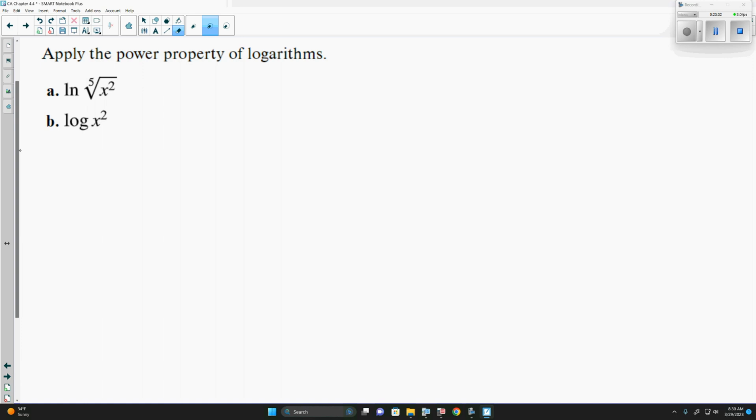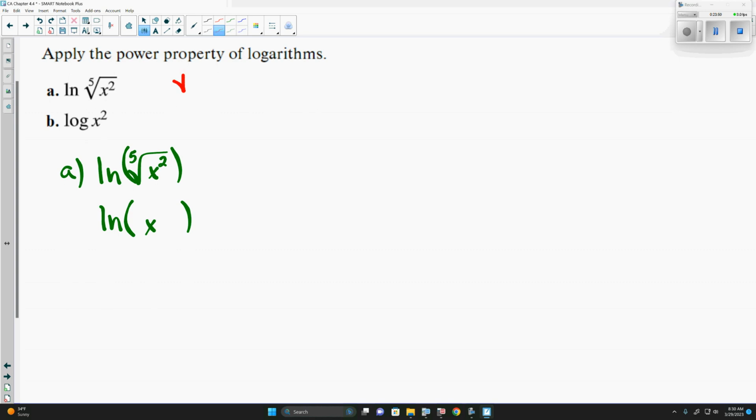Power rule. Well, we're going to have to use our rational exponent property with this here, because whenever we have radicals, we're going to need to change it to a fractional exponent. So for us here, the fifth root of x squared, the square term, our exponent, is going to go on top of the fraction.